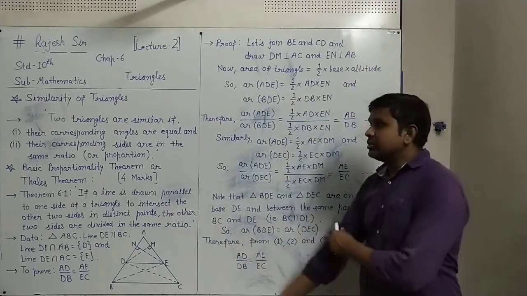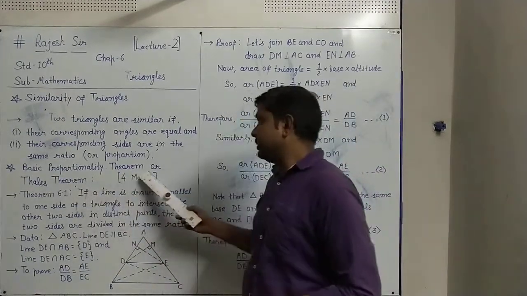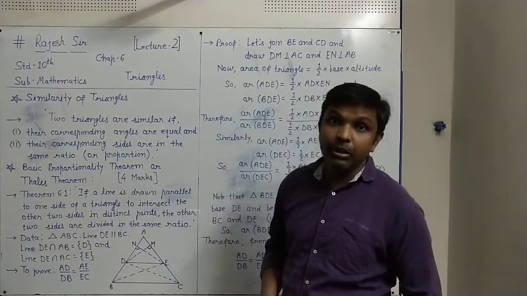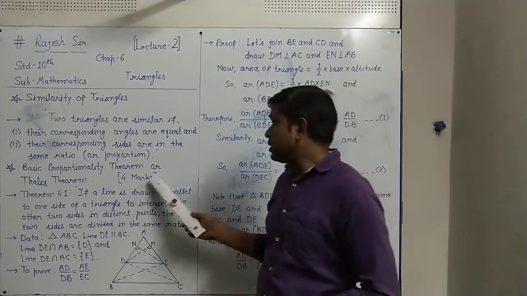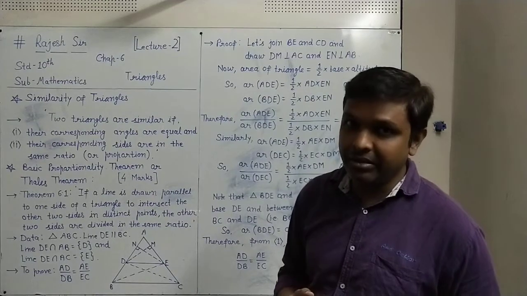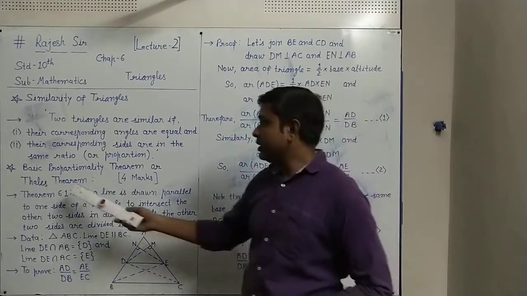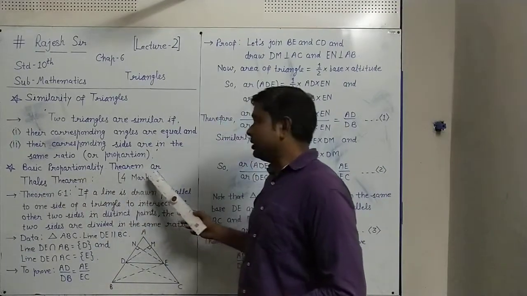Now based on this, we have the basic proportionality theorem. This is also known as Thales theorem because this theorem was given by the mathematician Thales.